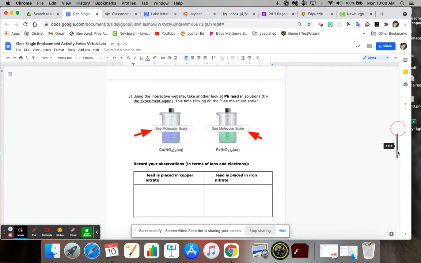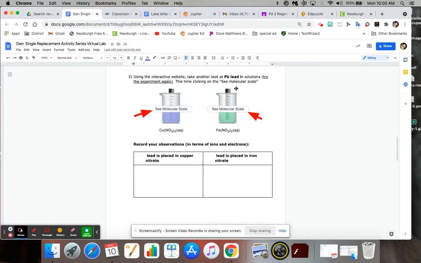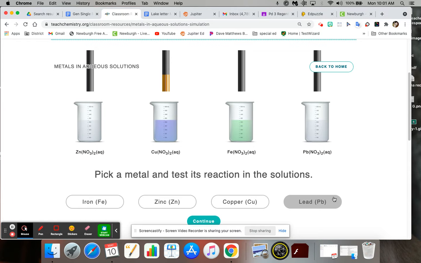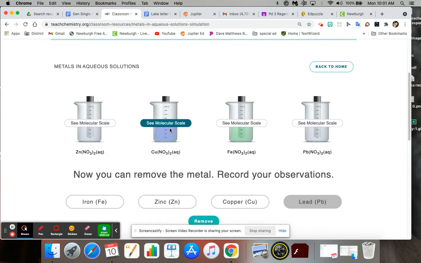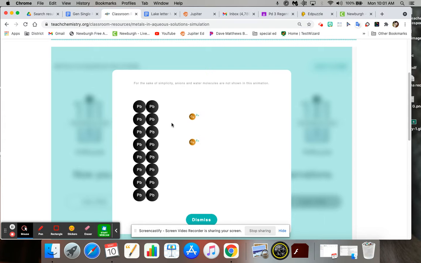Let's continue. We're going to look at lead at the molecular scale and see what's going on there. What's happening with the lead in the copper nitrate? Oh, you can see something's happening there. Let's watch that again.